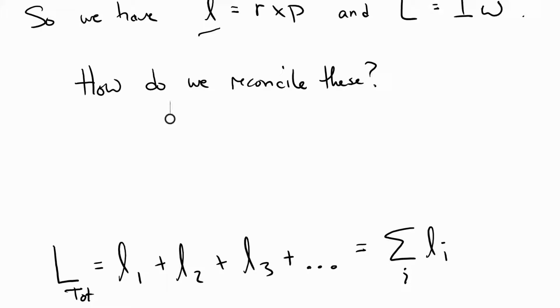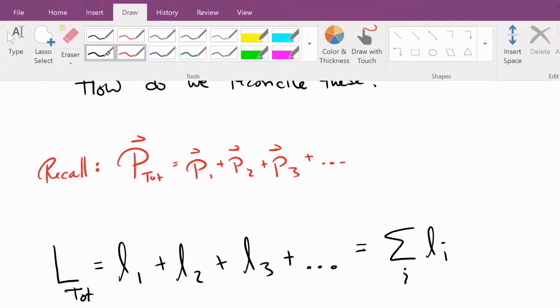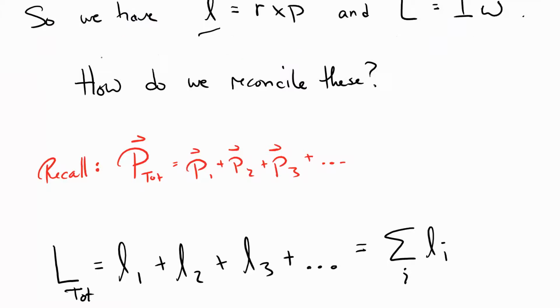We can think of it as built up as the sum of the angular momenta of things in the system. Recall the similar case, where capital P, the total linear momentum, was the sum of the individual linear momenta.